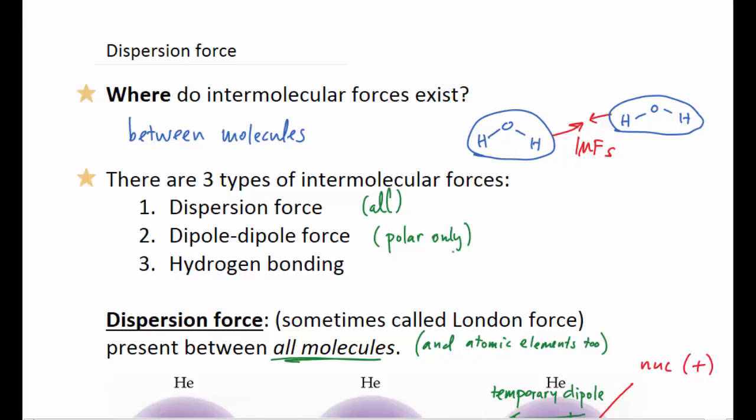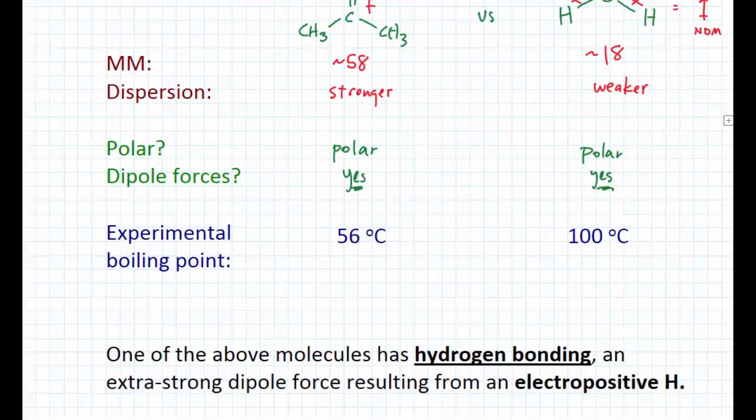Why not? So everything has dispersion forces. If the question is implying, does this molecule have dispersion forces or not? The answer is yes. It has dispersion forces. Okay. Only polar molecules have dipole-dipole forces. Okay. And the last one, which must be involved here, is hydrogen bonding. Okay.